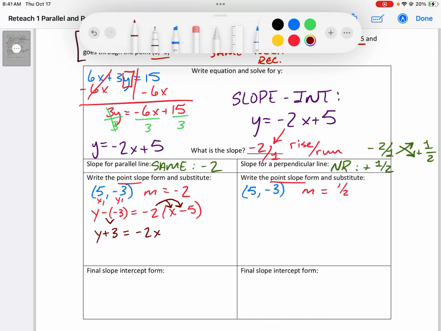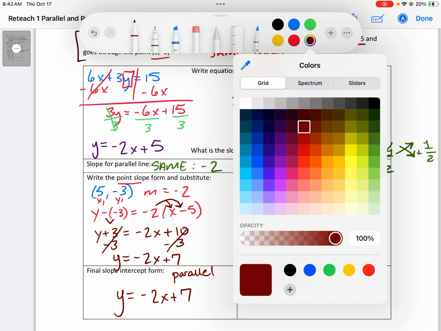And on this side, I'm going to distribute. And as I distribute, you can kind of see it start looking like slope intercept form. And so the last thing I need to do to fully isolate this y is move the 3 over. And so I've got y equals -2x, 10 minus 3 is still +7.